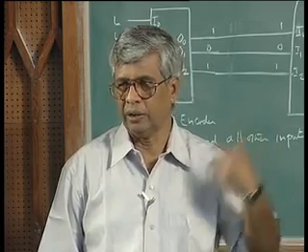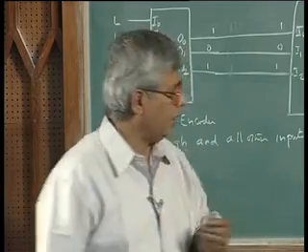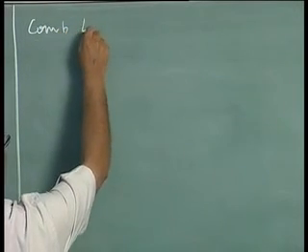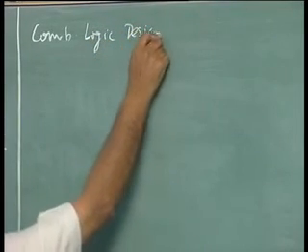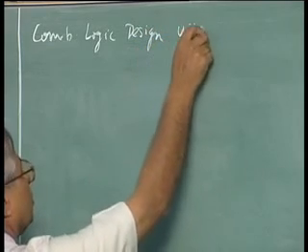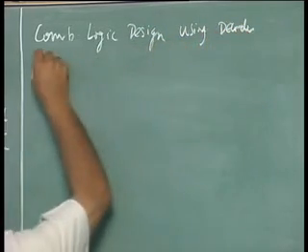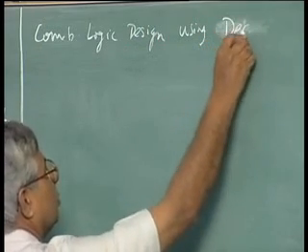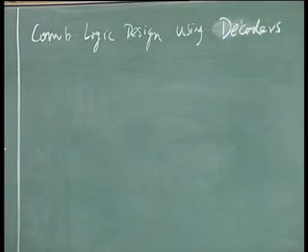So we have to see how this hardware encoder and decoder will be used in combination logic design. So let us say, design a combination logic using encoder, decoder. This is a very straightforward procedure here.